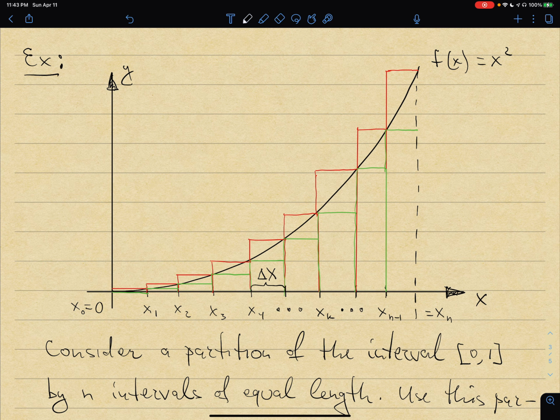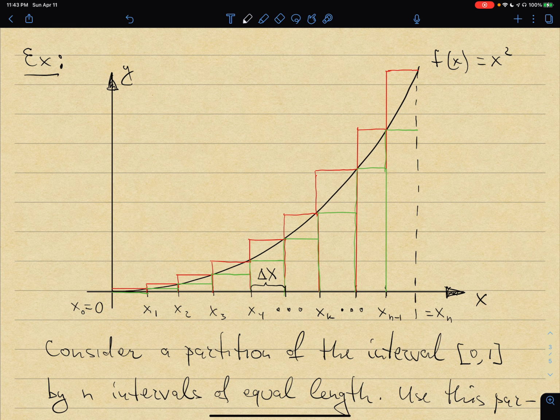We discussed in the previous lecture that I can work with overestimations and underestimations. In particular, because f of x equal to x squared is an increasing function, if on each subinterval we take as heights of rectangles the values of the function at the right endpoint, then we're always going to get an overestimation.